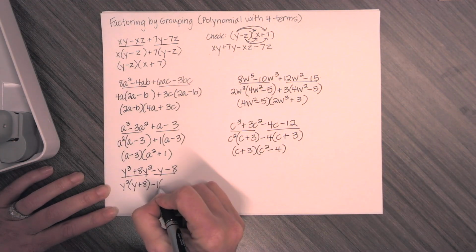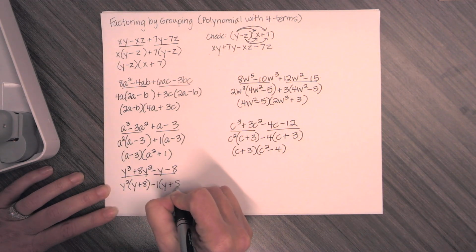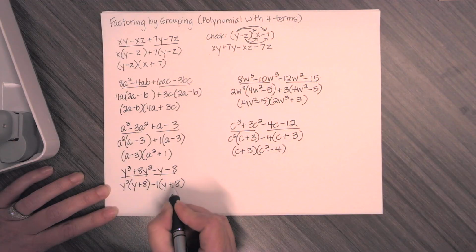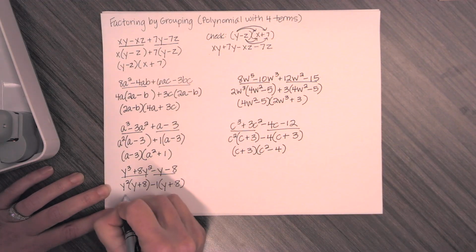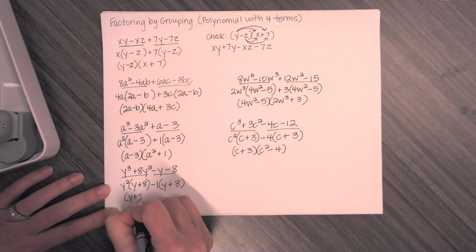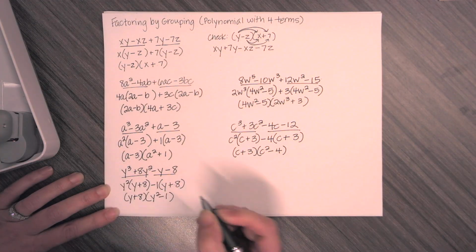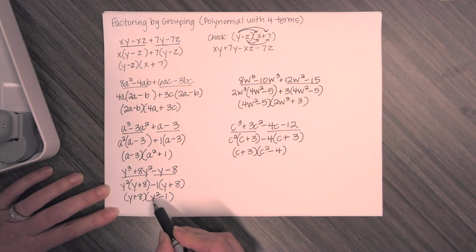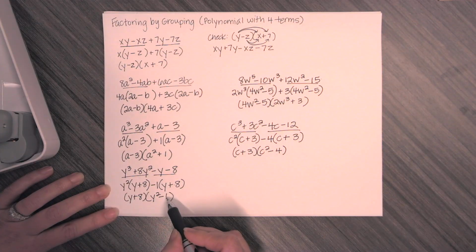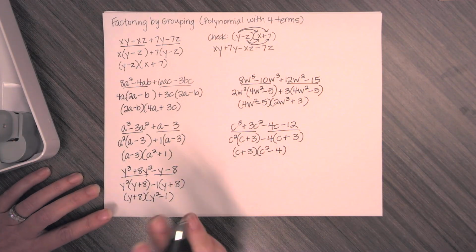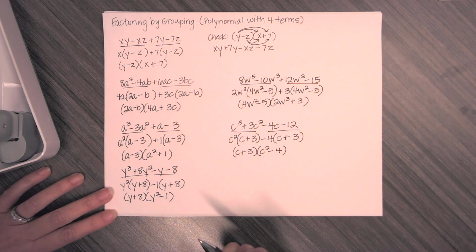In factoring out a negative 1, this will become positive y, and this will become positive 8, and those do in fact match. So we can factor out the y plus 8, which will leave y squared minus 1. And once again, we've got what's called a difference of squares right here that can be factored further, but I'm going to leave it alone for now.